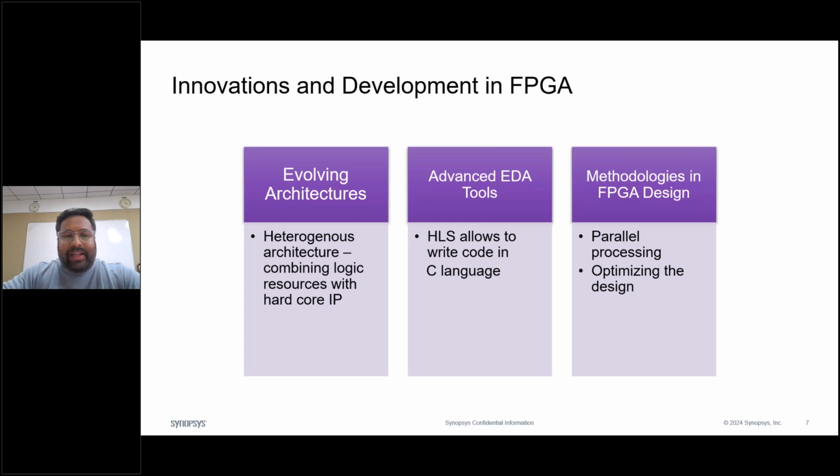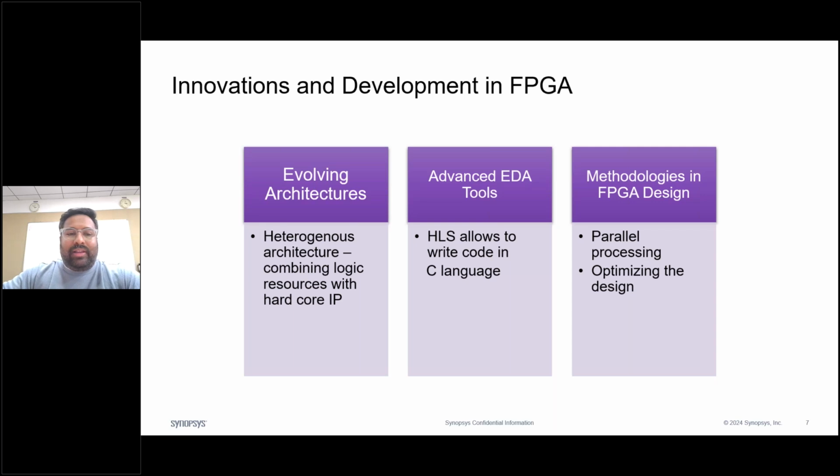In terms of architecture, FPGAs keep on evolving. Previously, as we have seen, FPGAs were used only as standalone devices, but now that is not the case. Now we are trying to integrate other technologies into the FPGA to make it more heterogeneous.